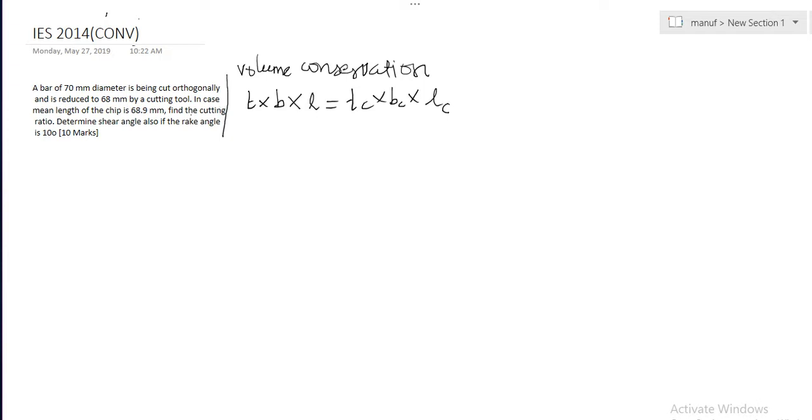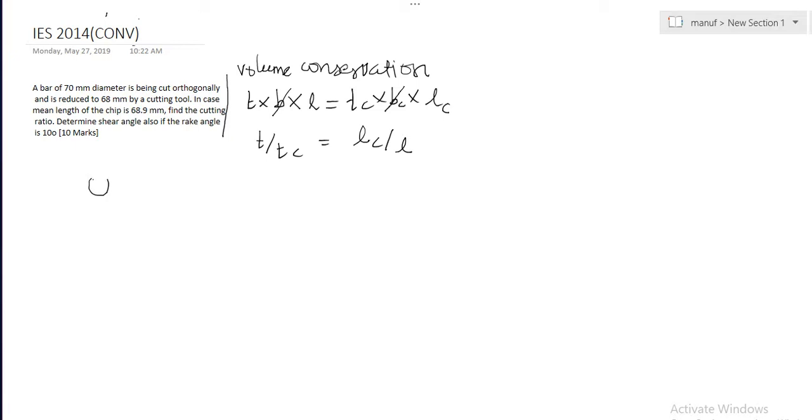Let us take this width same as the above, means there will be no change in width, so I can write T by TC equal to LC by L. And I can find out the L here because it is a circular bar, cylindrical bar.